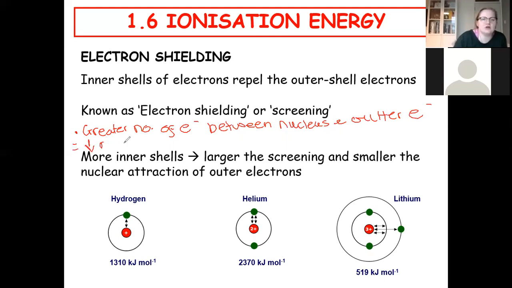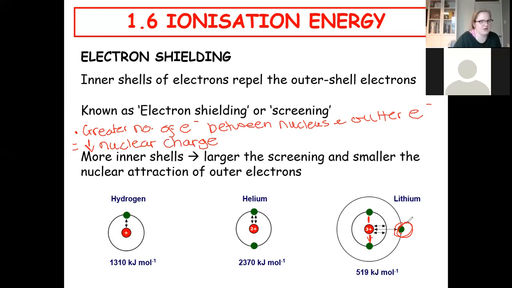Our nuclear charge decreases. So if our nuclear charge is less, it means it is easier to get rid of it. Okay, so our positive charge is reduced by the electrons that are in between. So this basically shields this outer electron from some of this positive charge. So this one actually takes more of it, and this one takes more of it than that one.